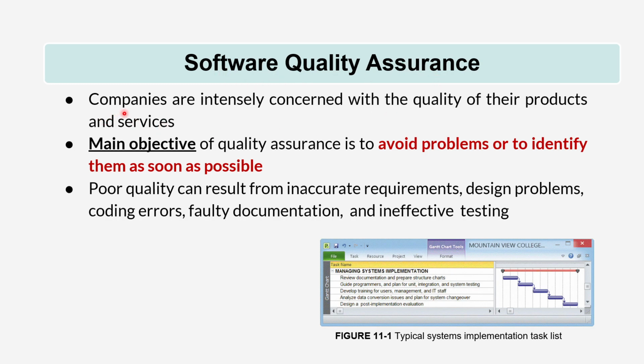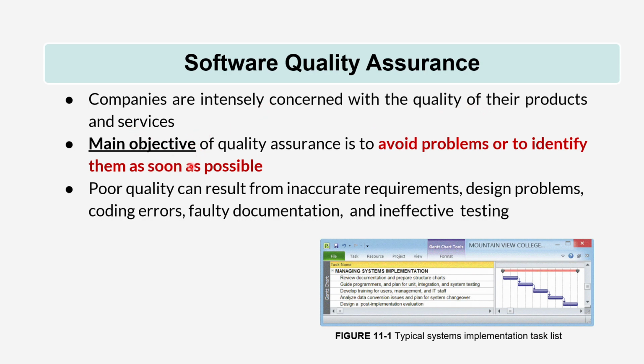To improve the finished product, software system developers should consider software engineering and internationally recognized quality standards. Companies are intensely concerned with the quality of their products and services.